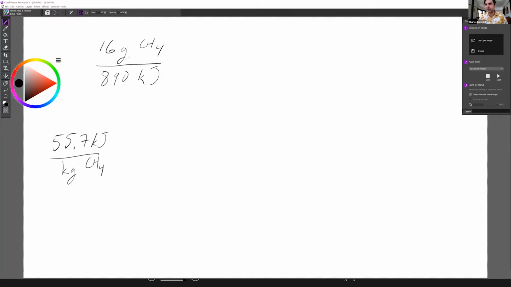So this is what we know. Wait, is it kilogram of methane or kilogram of CO2? This is CO2 down here. Sorry.